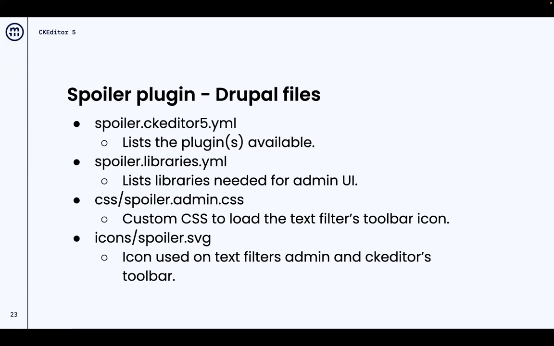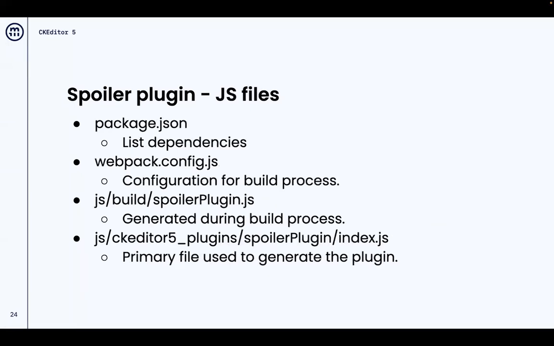And then you have an SVG file for the toolbar. And I'll show that in just a second. I opened up a core issue about this because it's a bit of a head scratcher why you need a CSS file to load an SVG for the toolbar rather than the toolbar icon being defined in the plugin, but that's for another day.